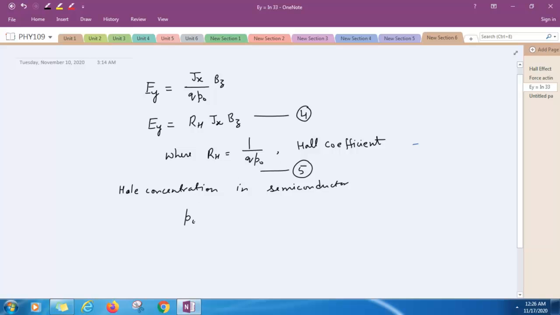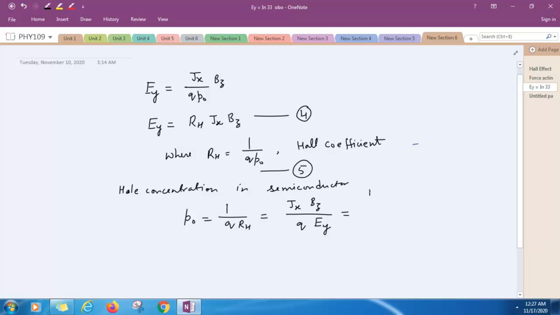So P naught you can write like this: 1 upon Q into RH. Okay. Now I am going to substitute this value of RH from equation number 4. So this will be equal to Jx Bz divided by Q Ey.